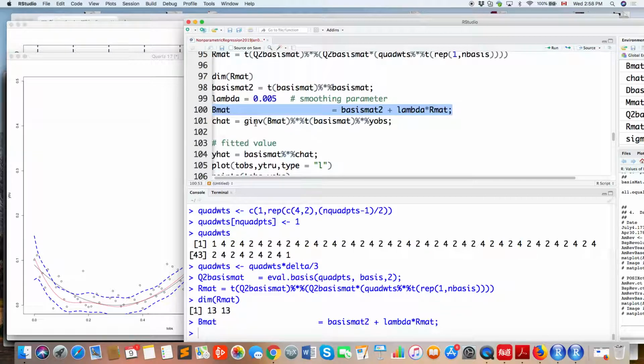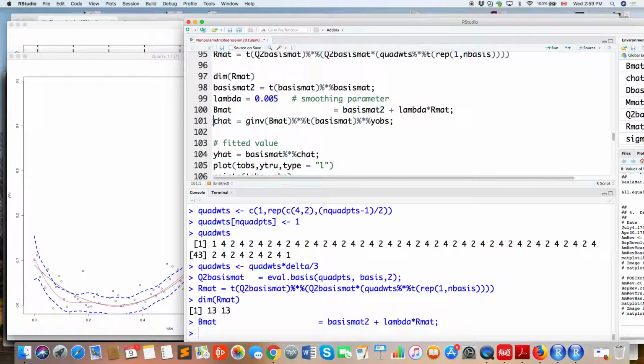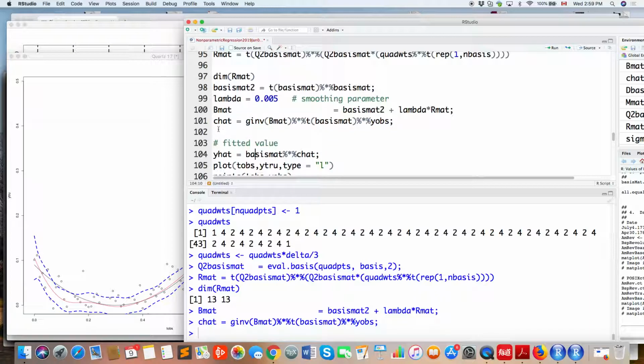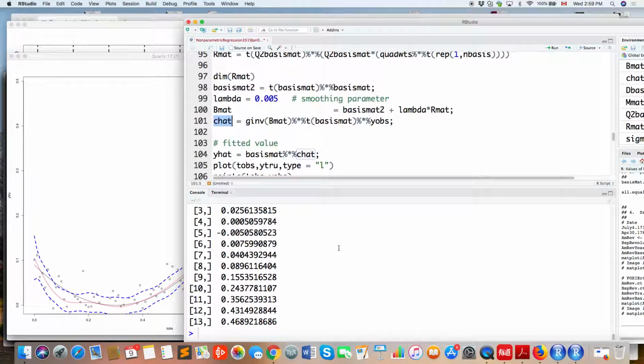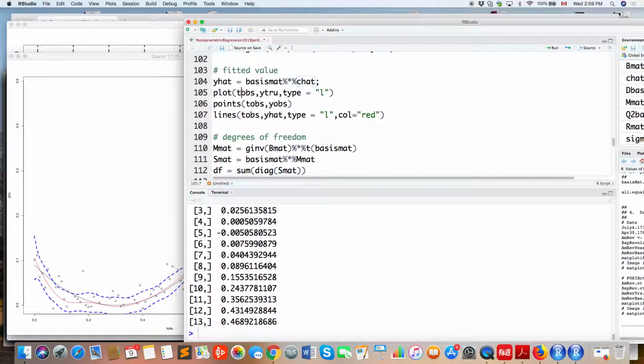So the C hat will be the inverse of this B matrix times phi transpose times Y. C hat is a vector of the basis coefficients, so length 13, and then we can look at the fitted curve by using phi times C hat, and we get a Y hat.